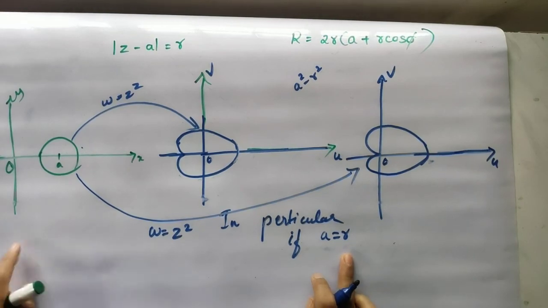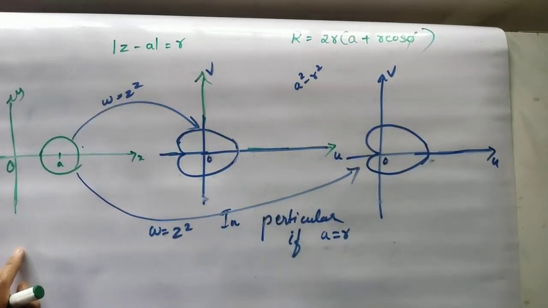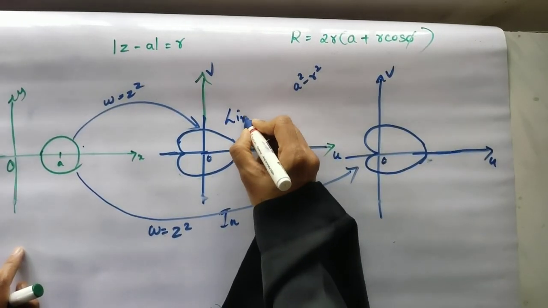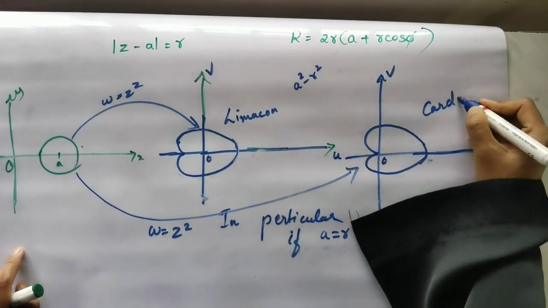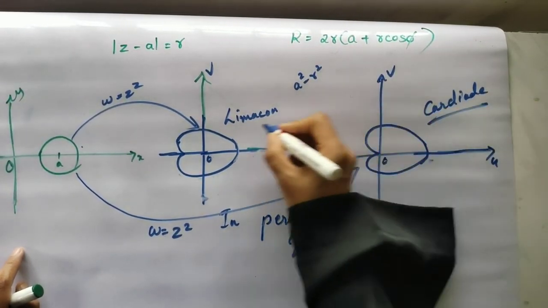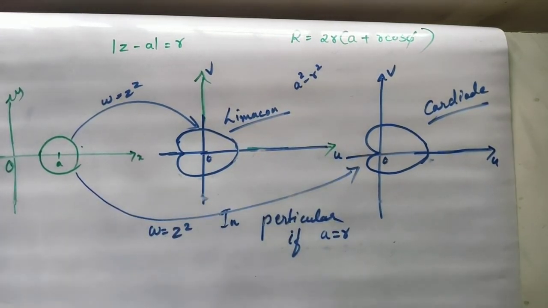If R is not equal to A, it will transform to a limaçon. This is your cardioid. I hope the point is clear to all of you. Continue in my next session with some more important discussions.